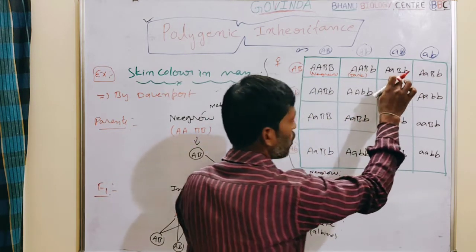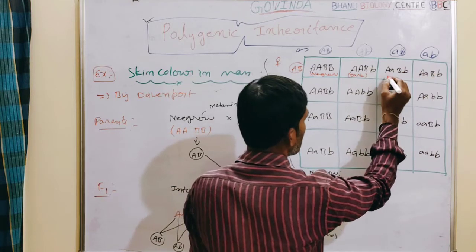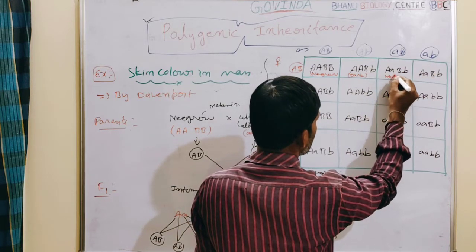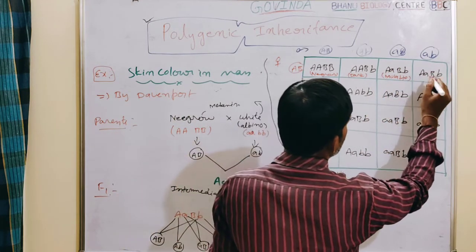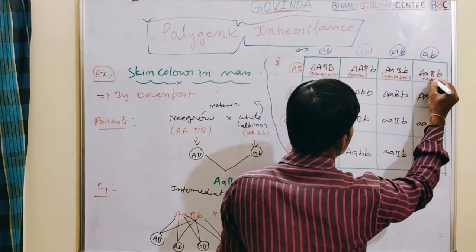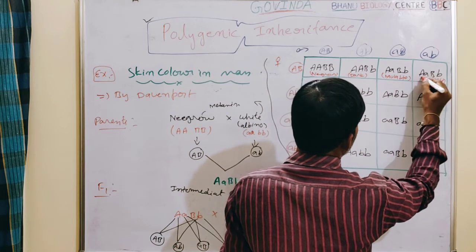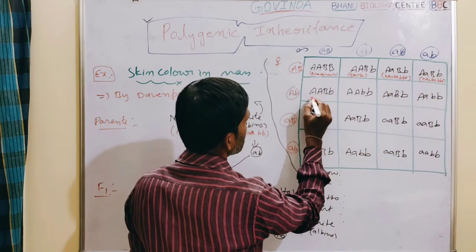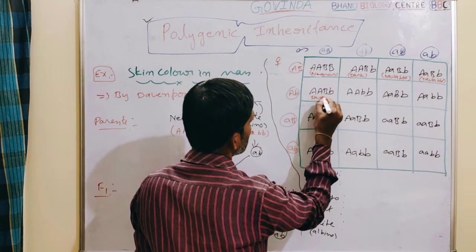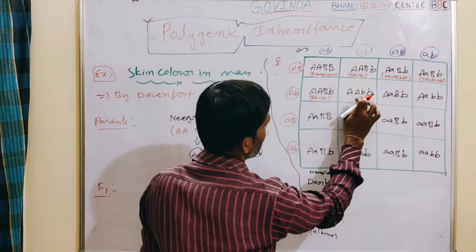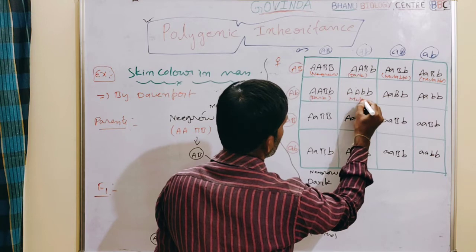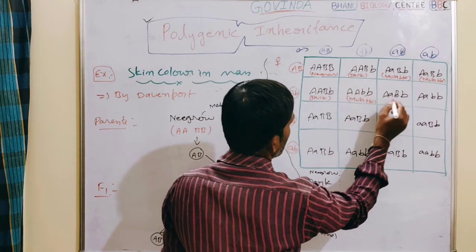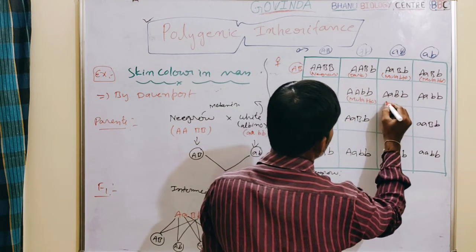Then 2 dominant and 2 recessive become mulatto, intermediate color. Here also mulatto. So here again dark. Here 2 dominant and 2 recessive, so again mulatto. Next 2 dominant and 2 recessive.